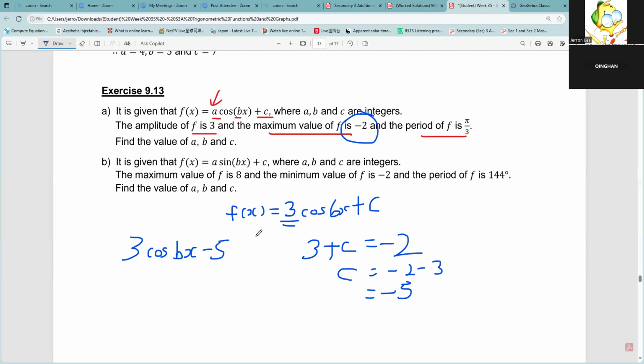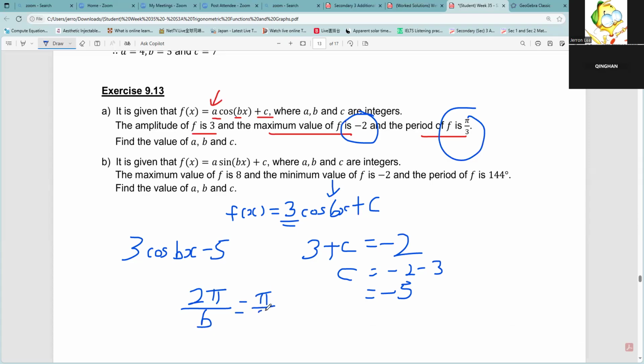Okay. Last but not least, how to find your B? Remember, whatever is here is literally going to affect your period. So 2 pi over B is your period, okay? And it's written over here, the period is pi over 3. So equate it to pi over 3, okay?